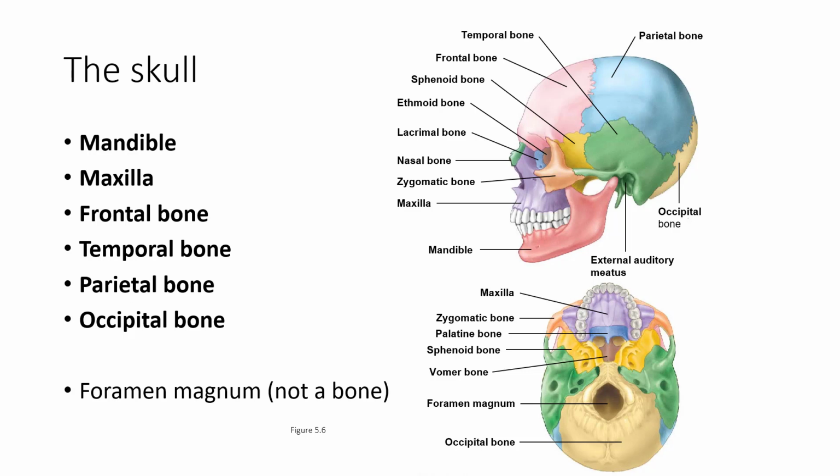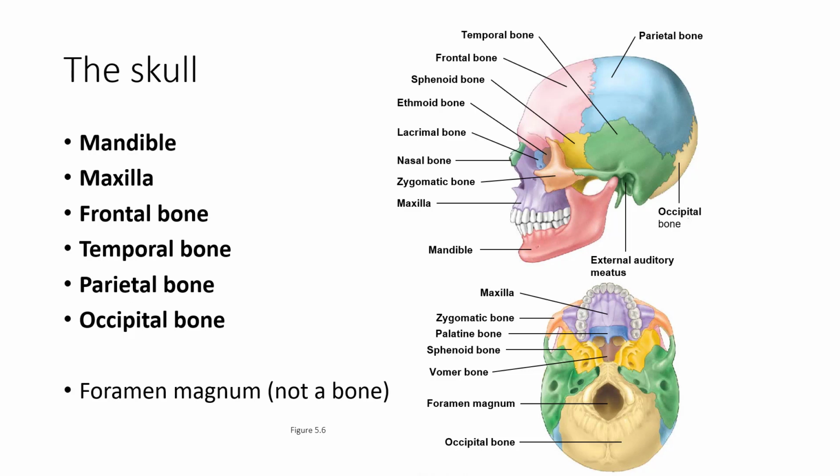The temporal bone is located on the side of the head and is located directly above the temporal lobe. The parietal bone is located on the top and towards the back of the head and is located above the parietal lobe of the brain. The occipital bone is located in the back of the head and is located directly above the occipital lobe of the brain. These are useful bones to remember because you also will be learning the lobes of the brain.